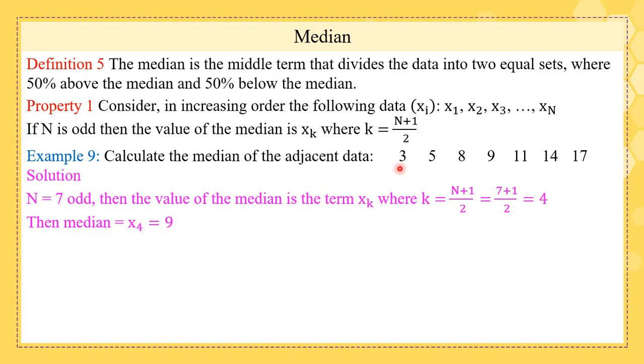We remark here x1, x2, x3, x4, 9 is x4, is the median. It divides the data into two equal parts, 50% below and 50% above.